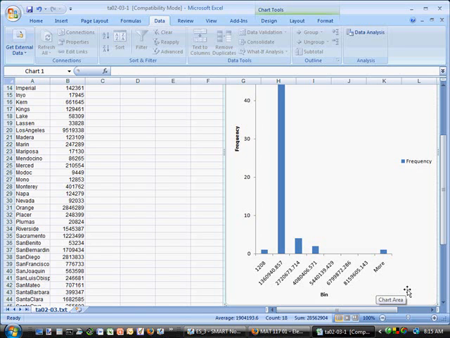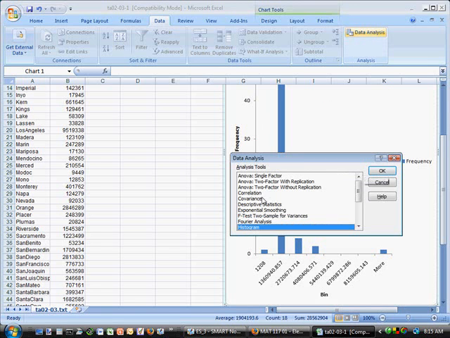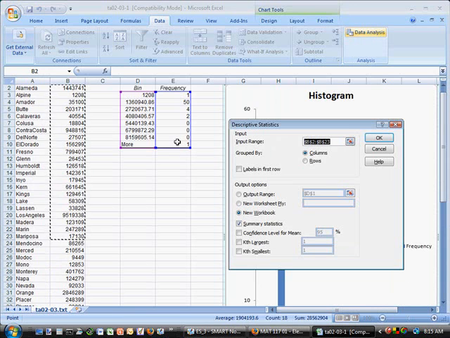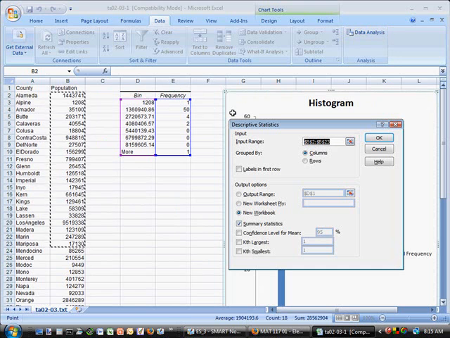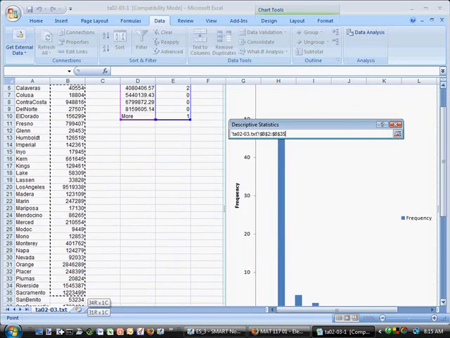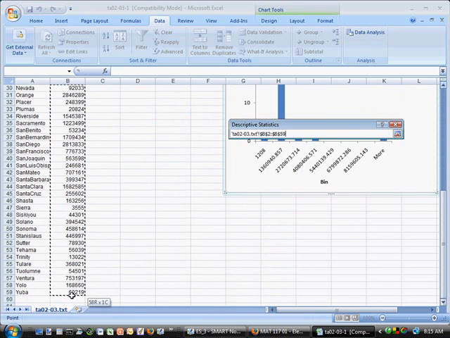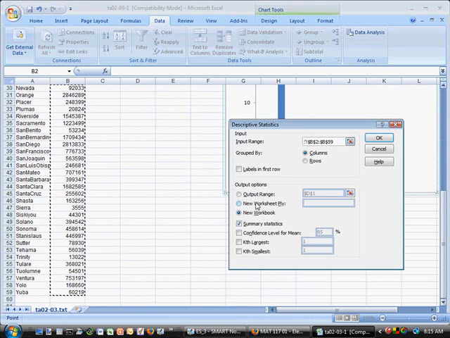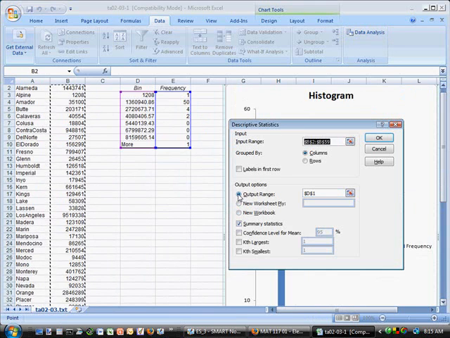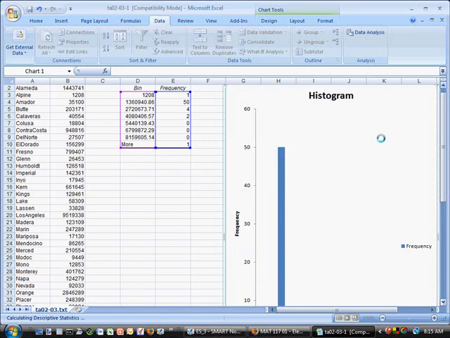Now I would do the descriptive statistics. So data analysis, this time descriptive statistics. Click OK. Click and drag on the data. Okay, let's do the output range somewhere down in here, and we want summary statistics.